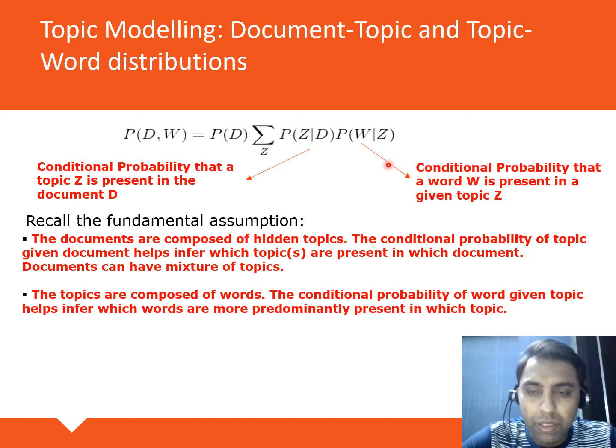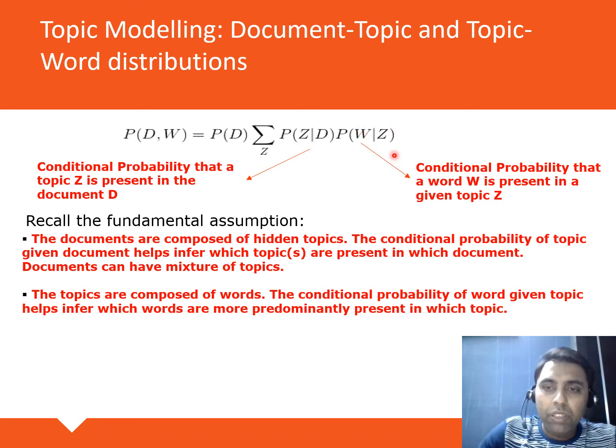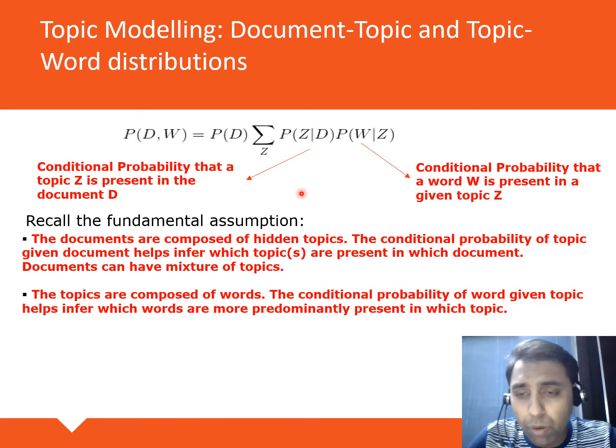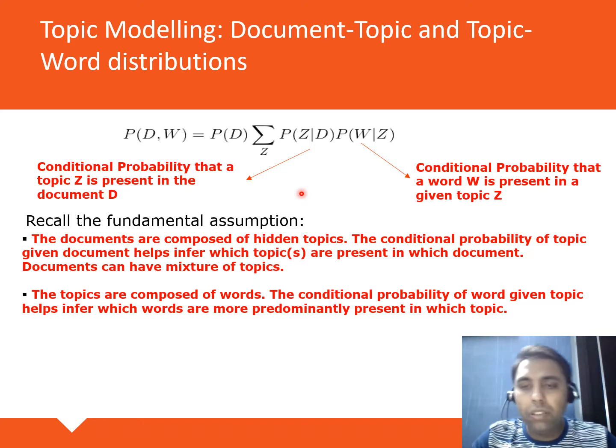Some words will be present in some topics more often and less often in other topics. So obviously we need to look at the probability distribution of words given a particular topic, and this distribution will vary from topic to topic, right? So these are the two conditional probabilities which are perfectly aligned with the aim of topic modeling. The aim of topic modeling is to find out what the hidden topics are.